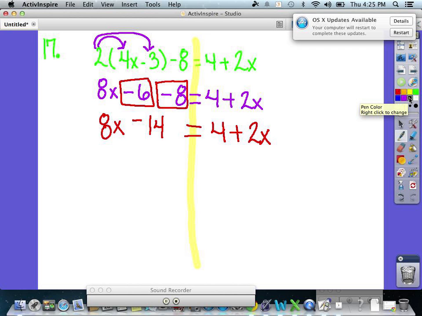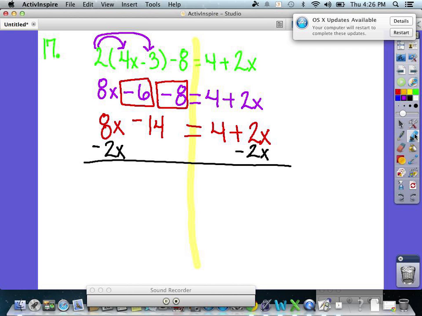Now we want to get our variables on one side and our numbers on the other side. We'll start with subtracting 2x on both sides of the equal sign. How do I know to subtract 2x? That's because this number here is positive.